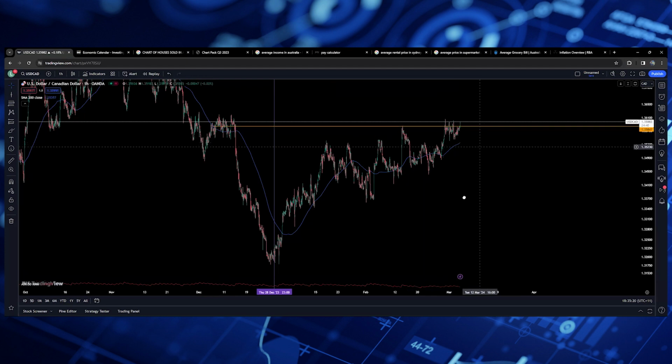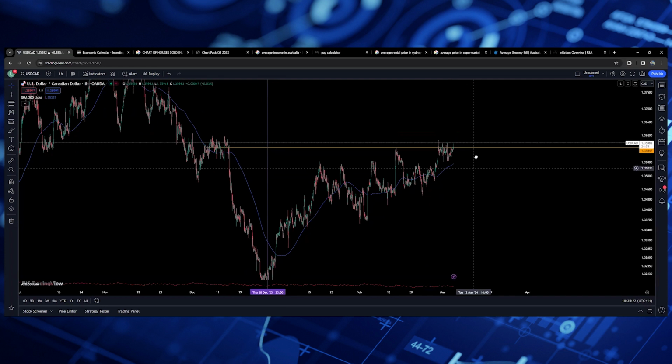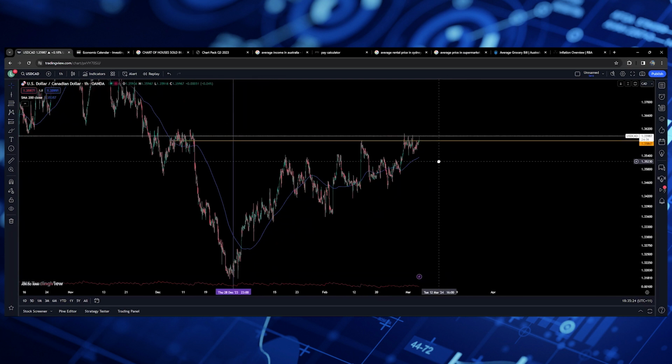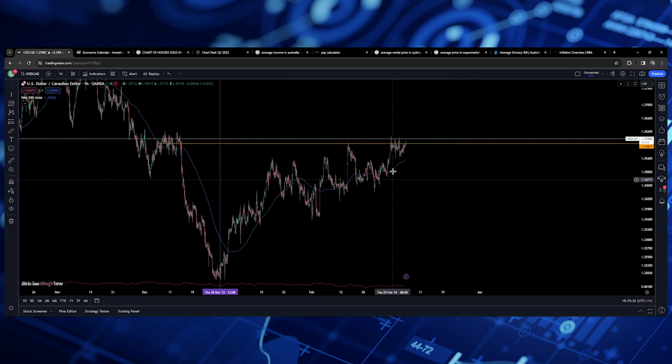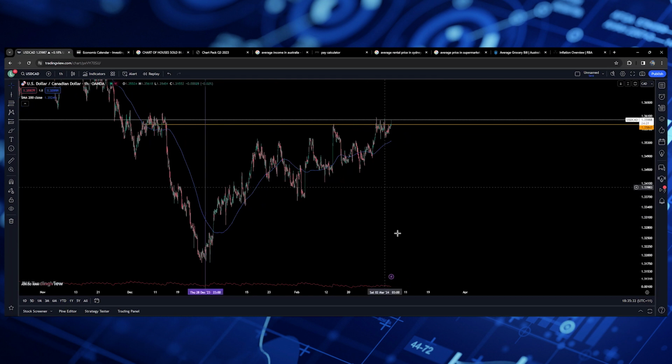It just got hit. So that's a pretty good trade there. I didn't take it, but I've said it live. Now, when we look at USD CAD, what is happening here? Well, CAD is very weak. It's losing its strength. US dollar is stronger.